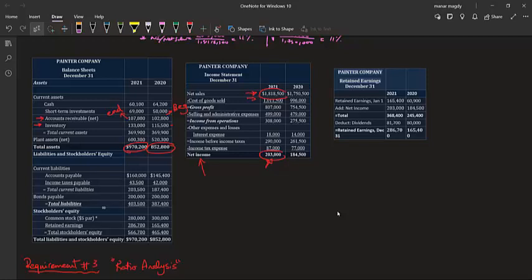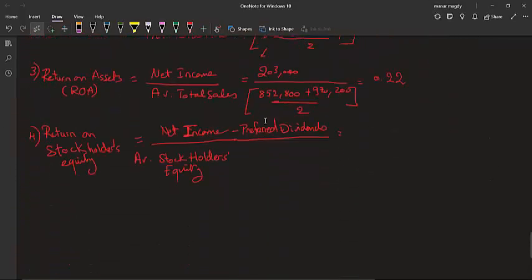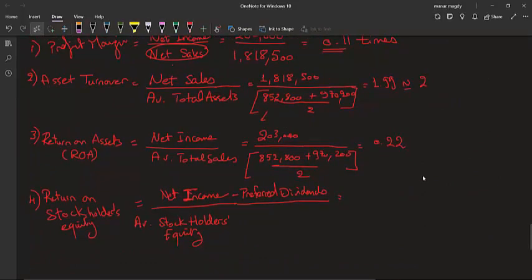They are not available. We have only common stock, so the dividends are on common stock. Okay, so net income equals 203,000 less 0 preferred dividends, divided by average stockholders' equity.